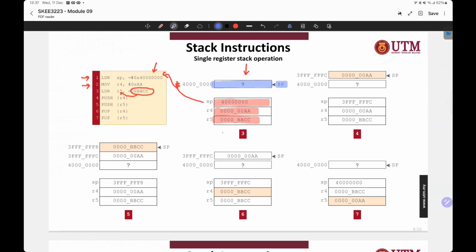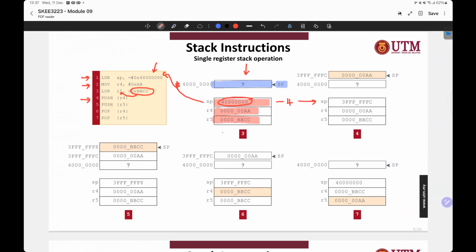On the fourth instruction, it is a PUSH R4. You're going to push whatever value is in R4 to your stack memory. In this case, since your stack pointer points to this address, it will be minus 4. When minus 4, it will get this value 3FFFFFFC.